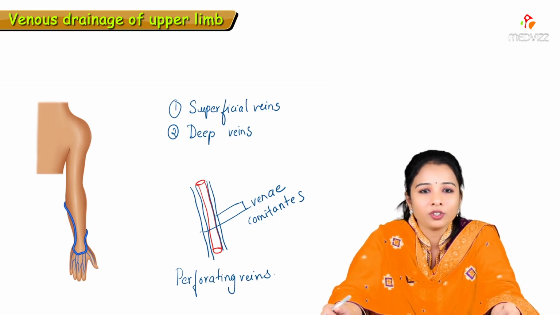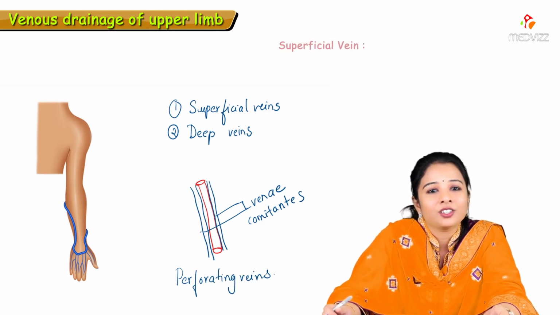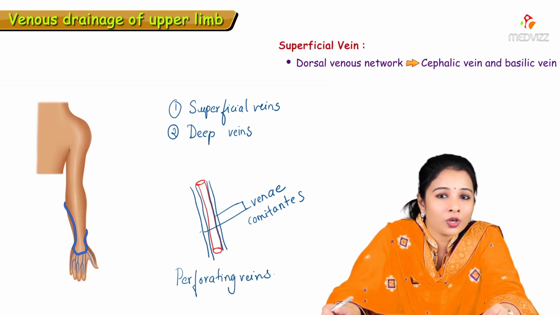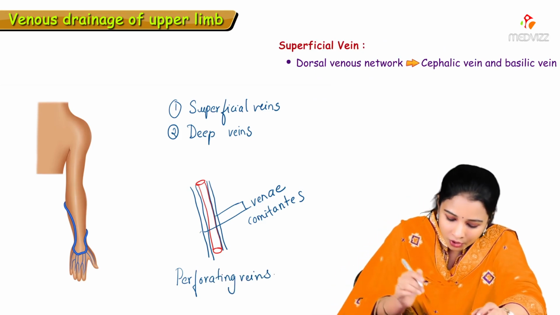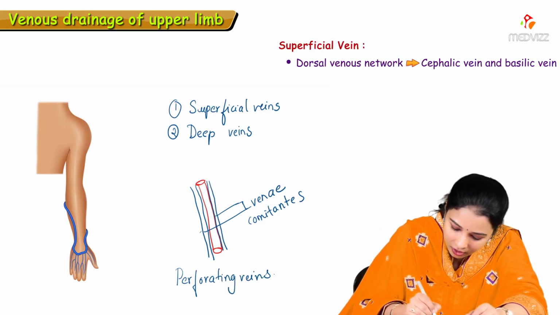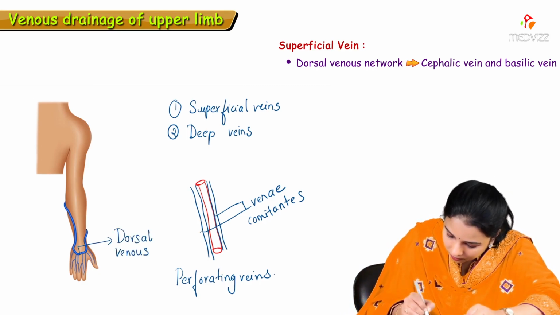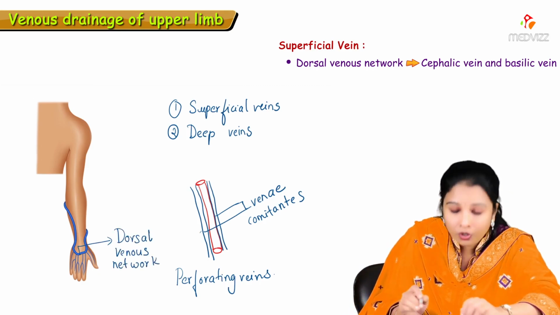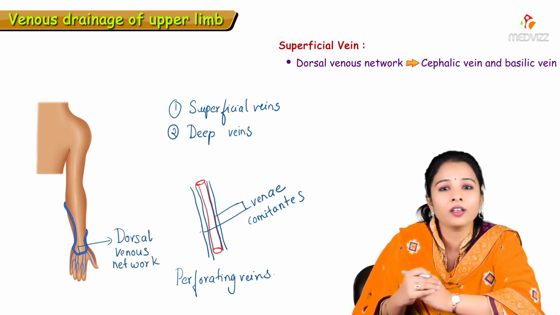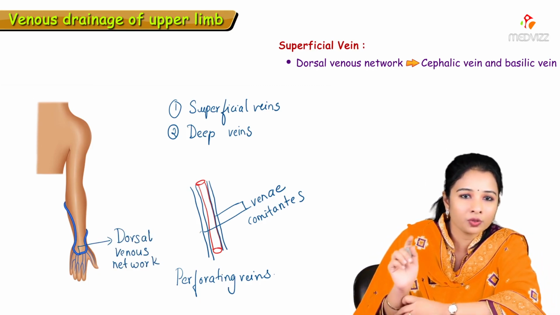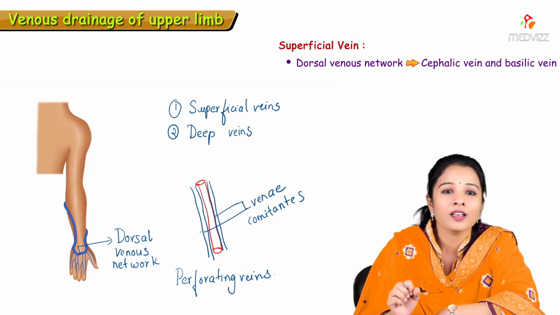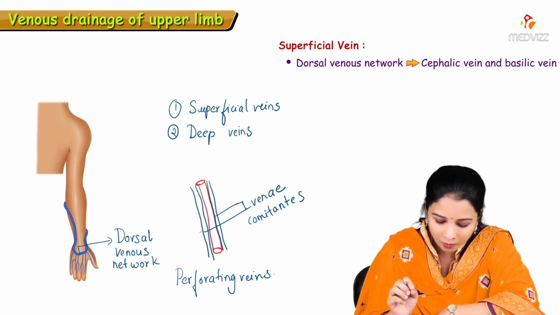So let's talk about the superficial veins first. The dorsal venous network, which is located on the dorsum of the hand, and which you are seeing here, gives rise to two important superficial veins, the cephalic vein and the basilic vein.